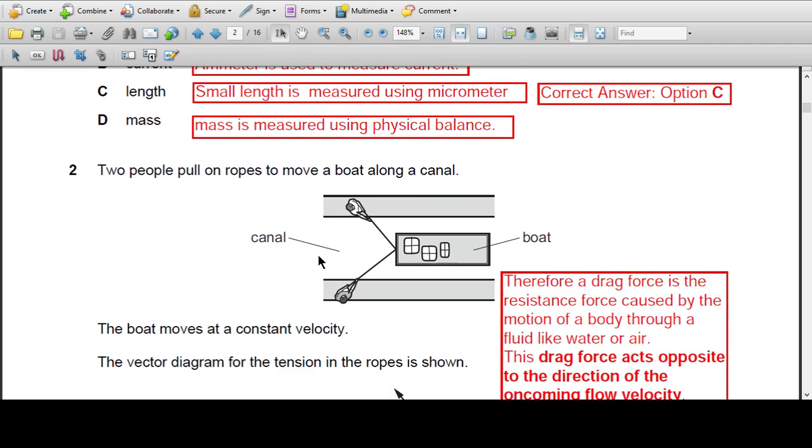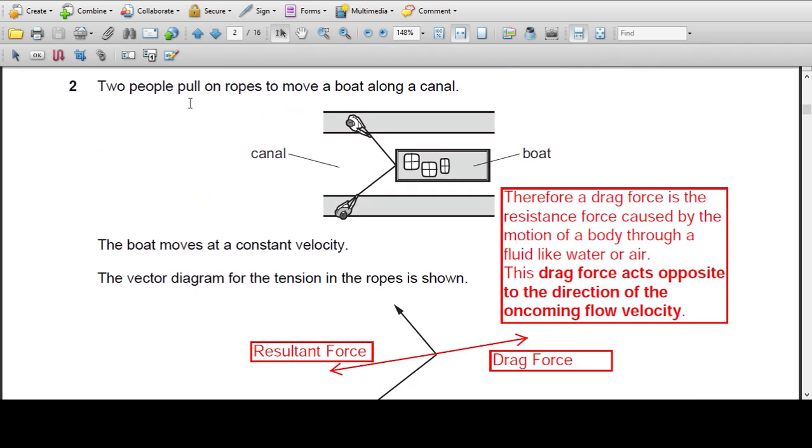Now question number 2. Two people pull on ropes to move a boat along a canal. So the two people are forcing it to move forward. The boat moves at a constant velocity. The vector diagram for the tension in the rope is shown.